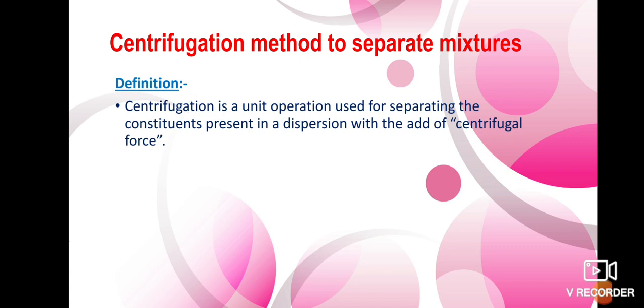Centrifugation is a unit operation used for separating the constituents present in a dispersion with the aid of centrifugal force. Which type of force is used in this method? Centrifugal force. Here two or three particles, heavy and lighter, are to be separated using centrifugal force.